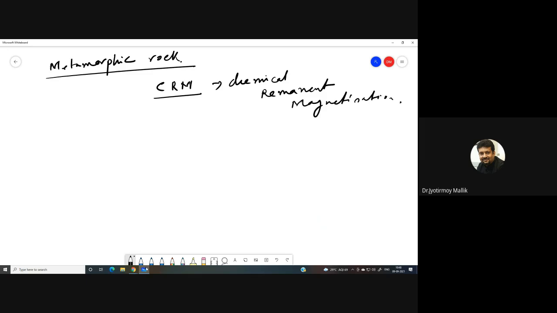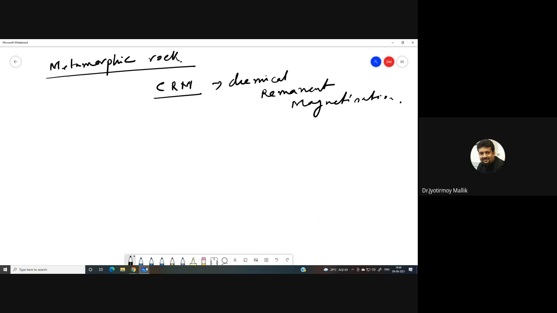Now, you can argue whether chemical remnant magnetization should be regarded as a primary remnant magnetization or a secondary remnant magnetization, simply because metamorphism is altogether a secondary process, right? So you need a precursor rock, either magmatic, I mean igneous, or sedimentary, which is exposed to the changing temperature and pressure of the earth, and then it forms a metamorphic rock.